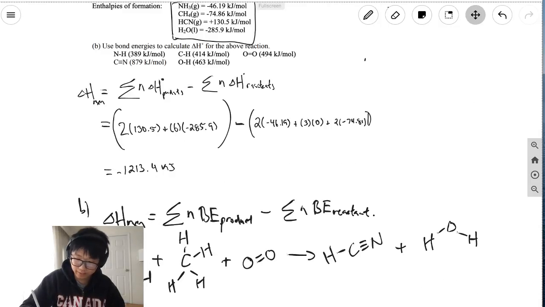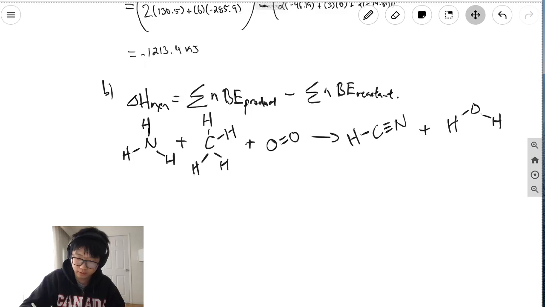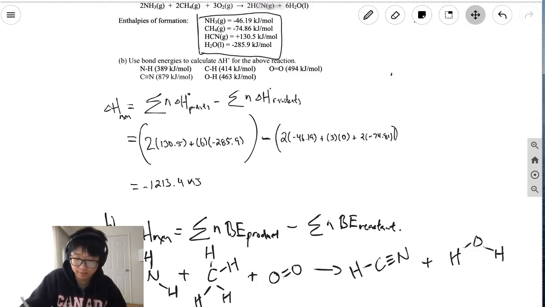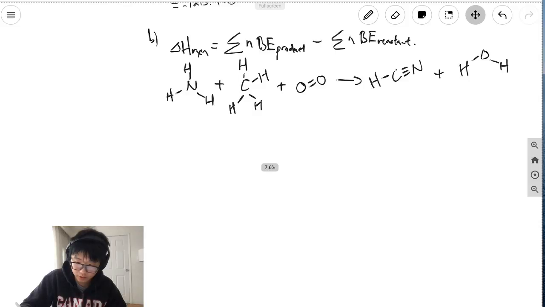Okay, looking at this, let's count up all the bonds. Some people just go right into the equation, and that's what I like to do as well, but just to be safe, let's count how many of each bond each of these molecules has. For example, NH3: right under it, I would write 3 times N-H, because there are 3 N-H bonds.